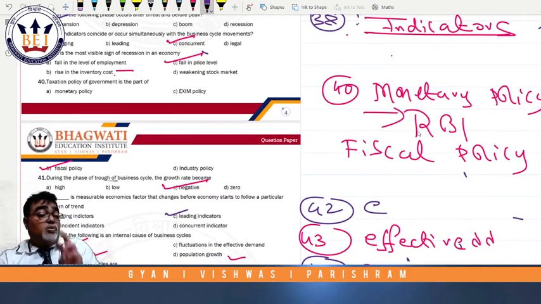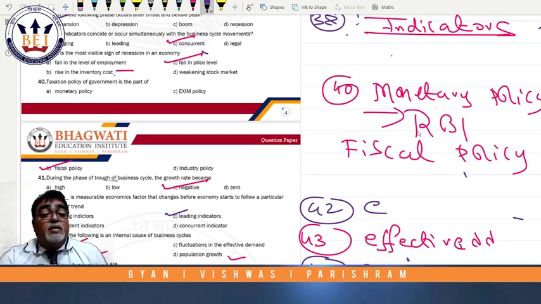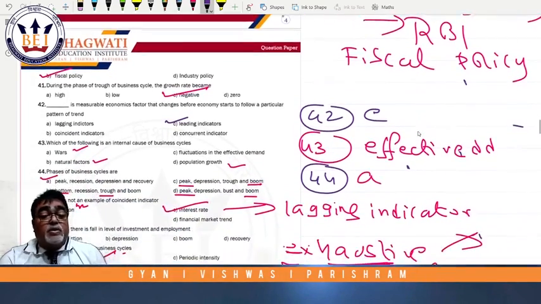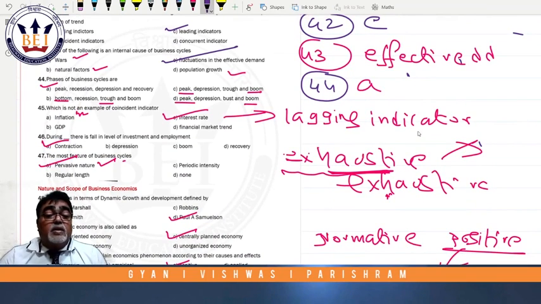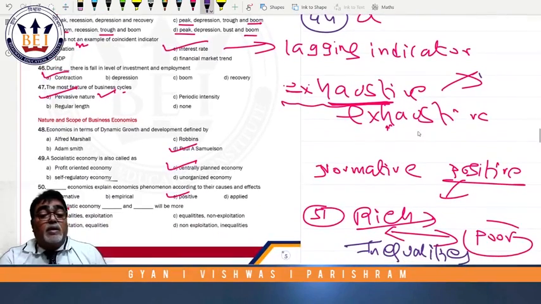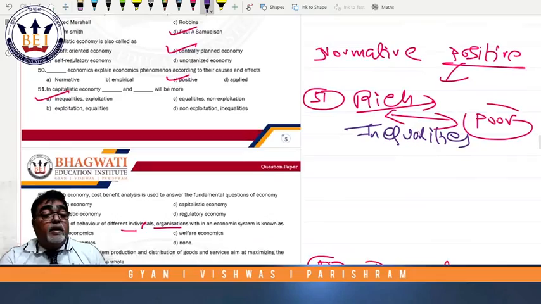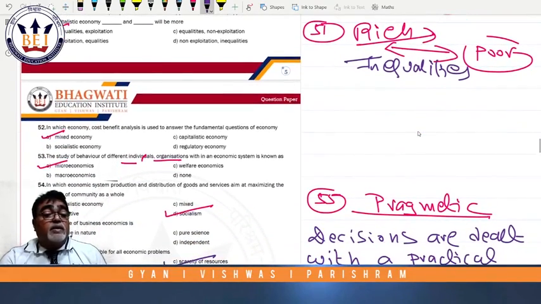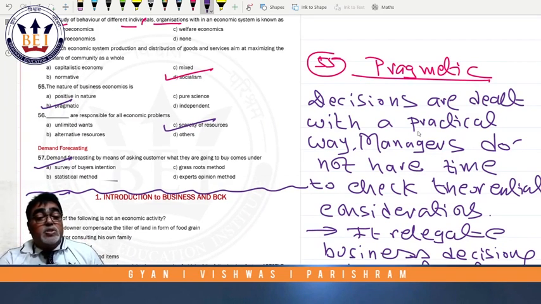But main thing, my intention was to explain you three indicators: leading, which predicts; coincident, current situation coincide; lagging, historical performance in future, and there's something, unemployment, interest rate, these are all lagging. 39 given, 40 taxation simple question, 41 is a lovely question, leading again, 43 answer is Chennai, fluctuation is effective demand, 44 answer is Ahmedabad, 45 Chennai, 46 Ahmedabad, 47 Ahmedabad, exhaustive, 48 Delhi, 49 Chennai, 50 Chennai because an effect, inequality exploitation, 52 mixed economy, 53 microeconomics, 54 socialist economy because their objective is nothing but maximizing welfare.